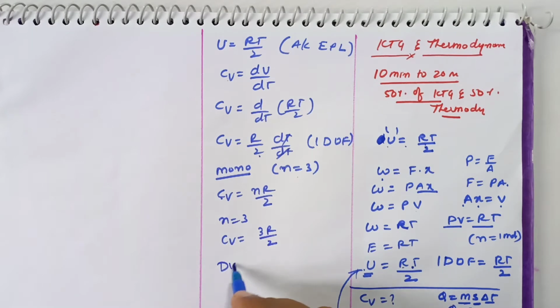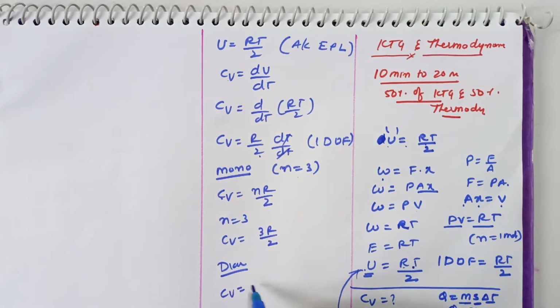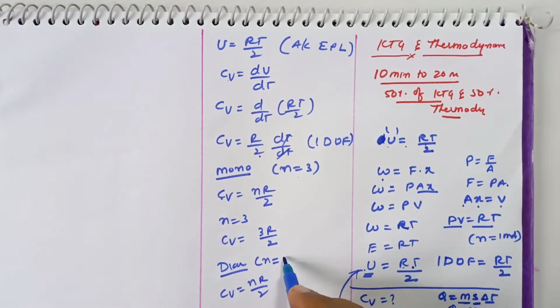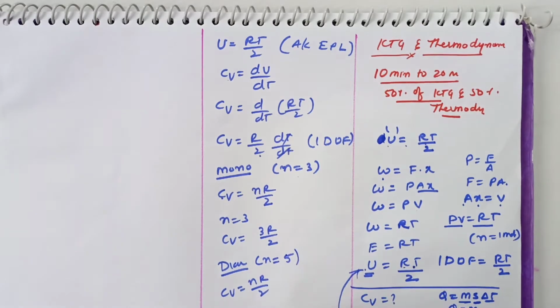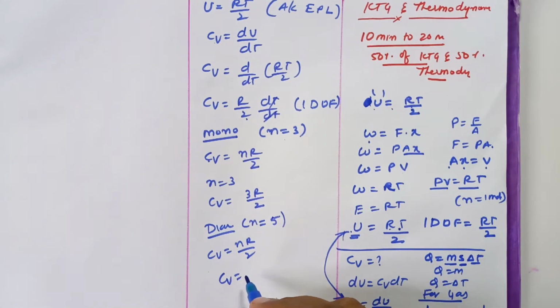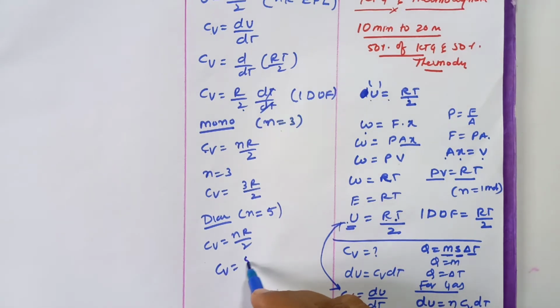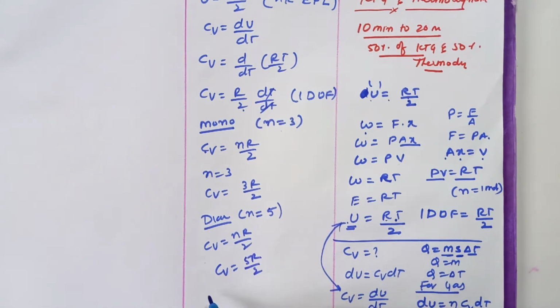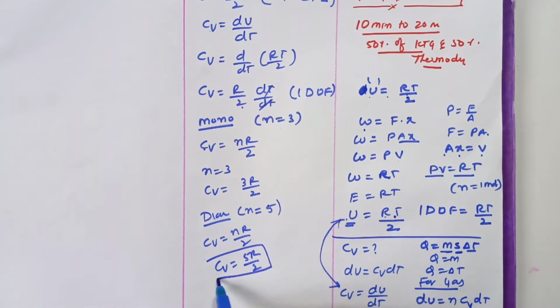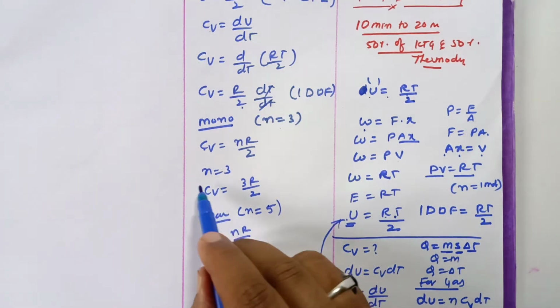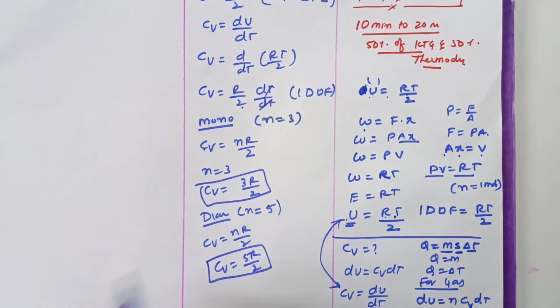And for a diatomic molecule, how much is Cv here? As Cv is equal to nR by 2, and for a diatomic molecule, you know degrees of freedom is considered to be 5 here. So Cv can be considered as 5R by 2 for a diatomic molecule, and 3R by 2 for a monoatomic molecule.